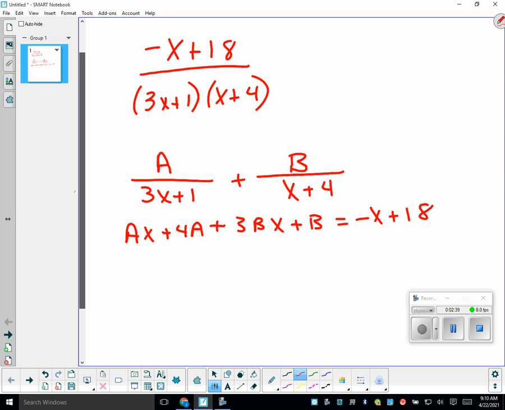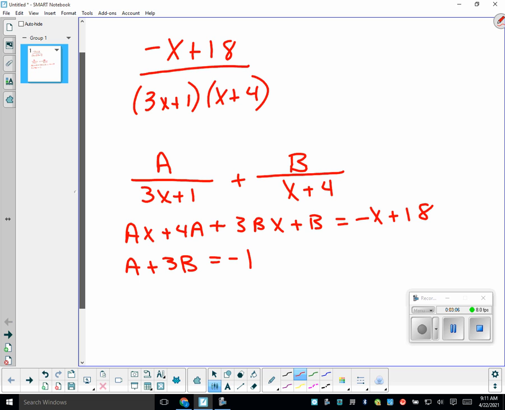So A plus 3B has to equal what's in front of the x on the other side of the equal sign. What is that in front of the x? So A plus 3B equals negative 1. You agree?